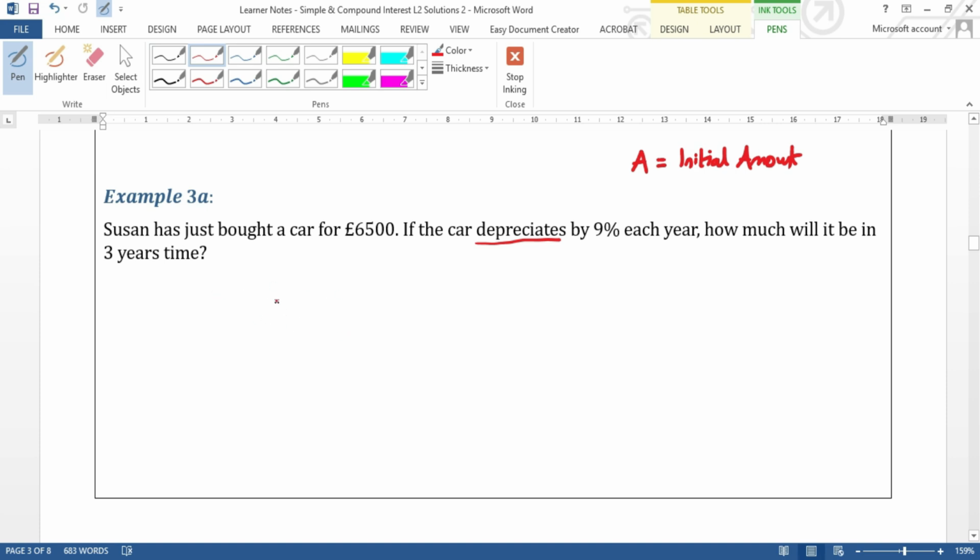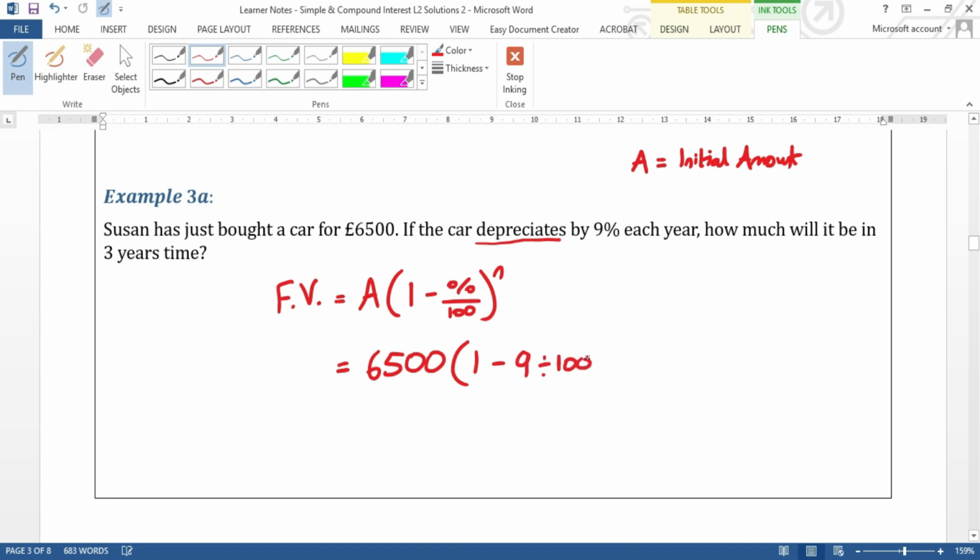So obviously in this case, our formula is final value equals A brackets 1 minus percentage out of 100 to the power n. So let's use the initial amount, £6,500, that's what it cost to begin with. Open brackets, 1 minus 9%, close my brackets, and to the power 3, or cubed.